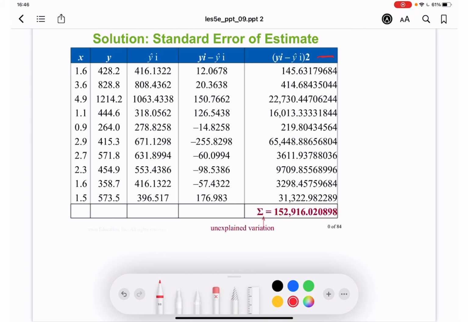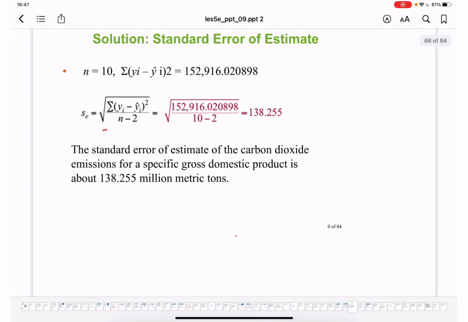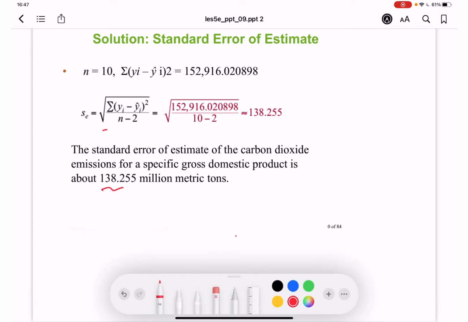See, here it is squared, here is just the difference. Okay, and then summarize. At the bottom they summarize there. So after we calculate, we get 138.255. It says the standard error of estimate of the carbon dioxide emission for a specific gross domestic product is about 138.255 million metric tons, which is a lot.